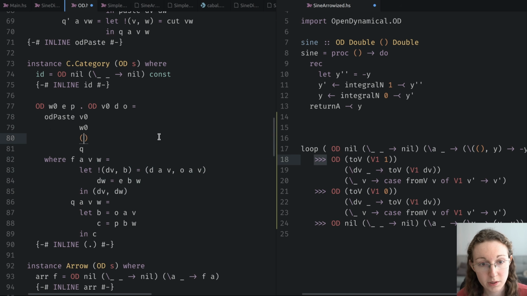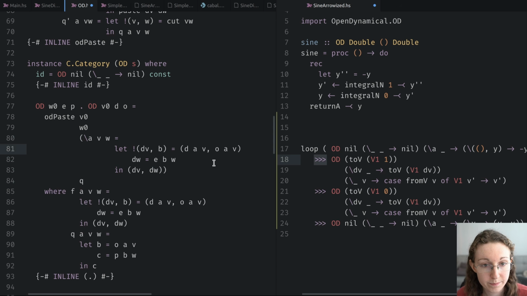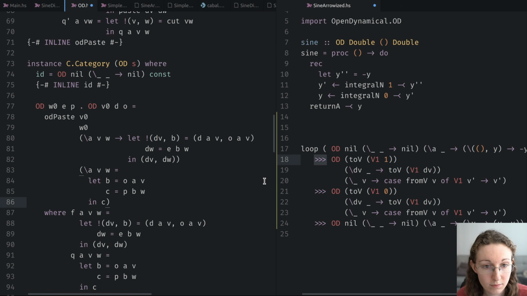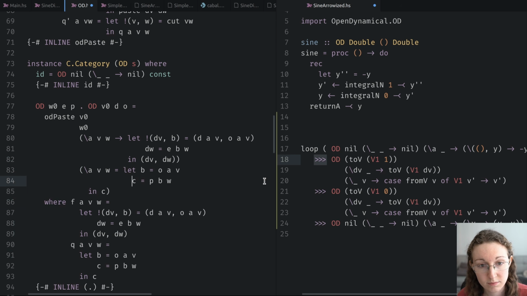So let's replace this with a lambda. And once again, turn that into a right arrow. And same thing over here. All right, so here's our definition now.